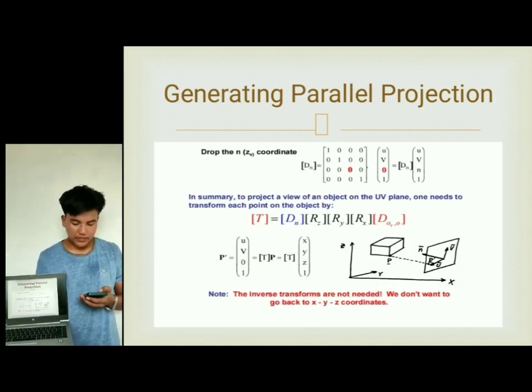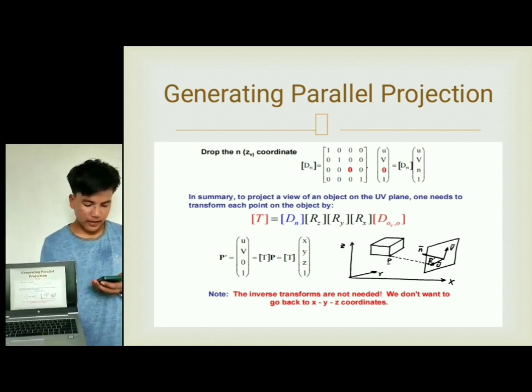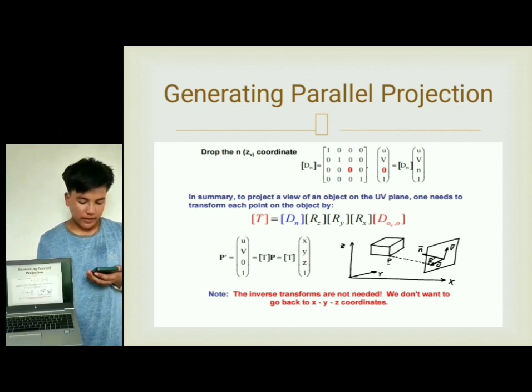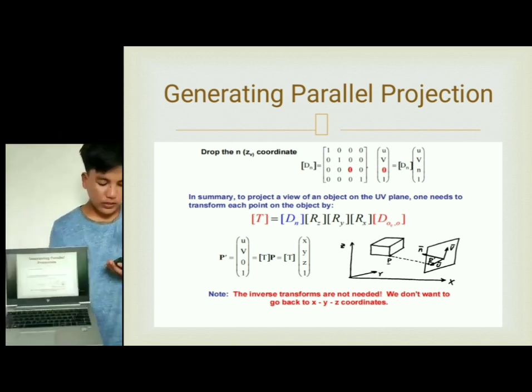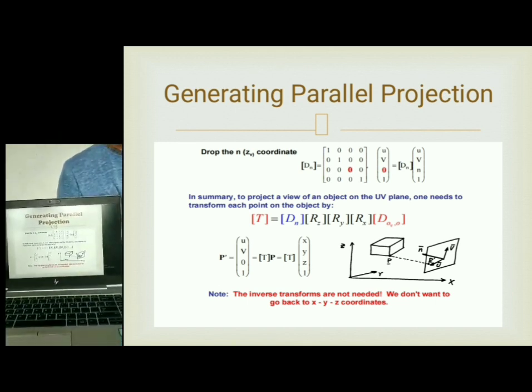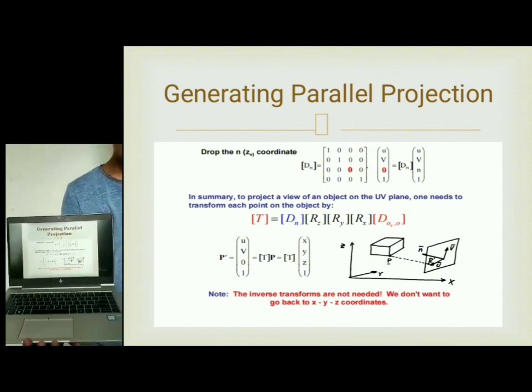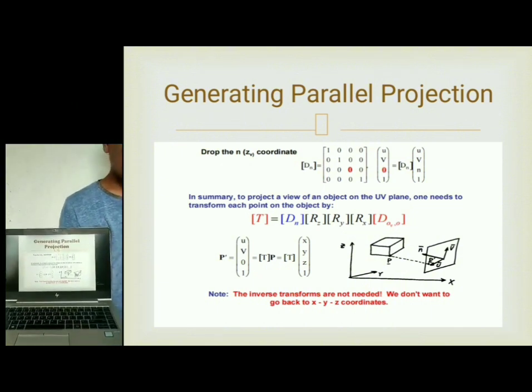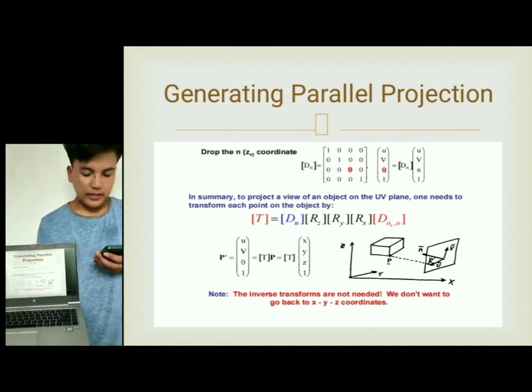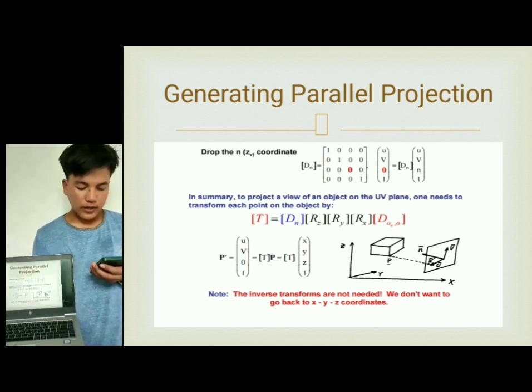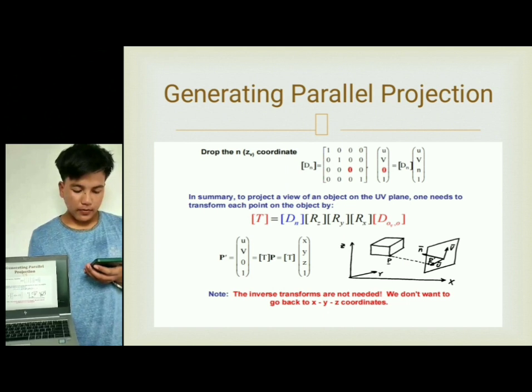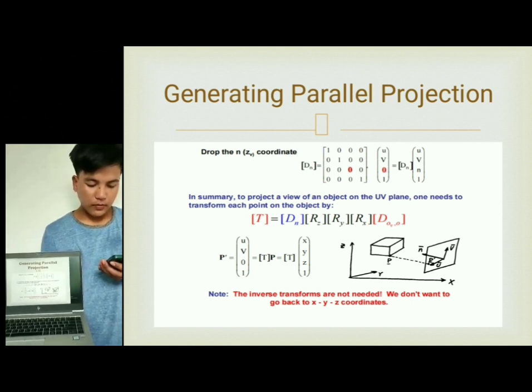Generating parallel projection. Drop the zB coordinate: D sub N equals the matrix [1 0 0 0; 0 1 0 0; 0 0 0 0; 0 0 0 1], and the projected point equals D sub N times the point (xB, yB, zB, 1).